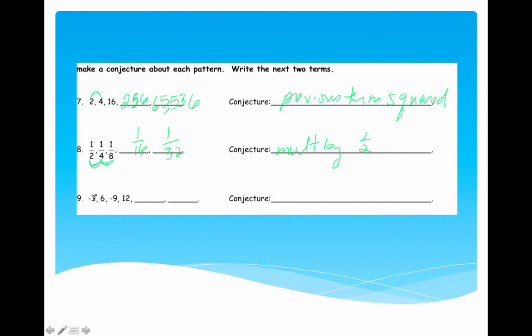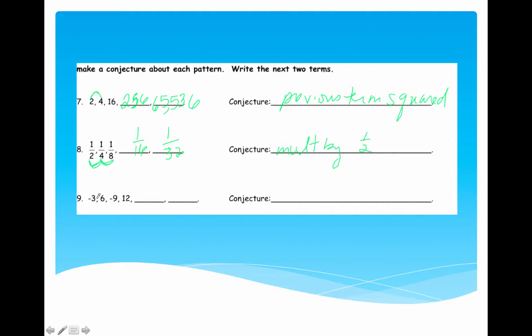This one, 3, 6, 9, 12, you could get a handle on. You could just say, I'm adding 3 each time. But the negative, positive makes it an alternating sequence. And generally speaking, we have to multiply by -1 to get that.